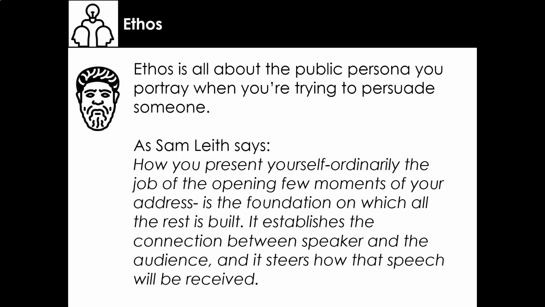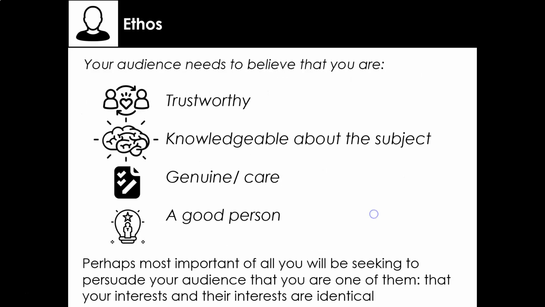And this is really important. How you present yourself in the first few moments of your speech is really the foundation upon which everything else is built. It can establish a connection between the speaker and the audience, and then it helps to steer how that speech will be received.